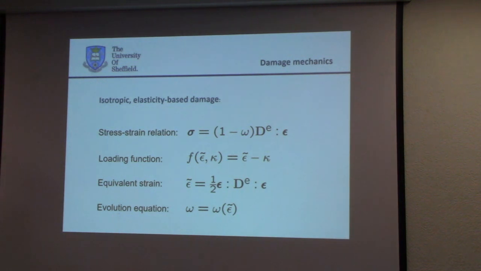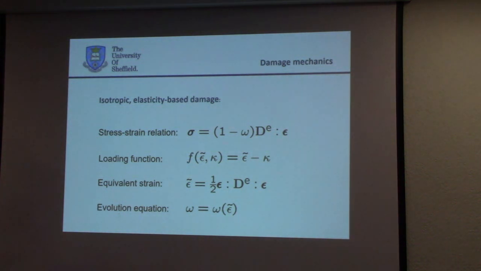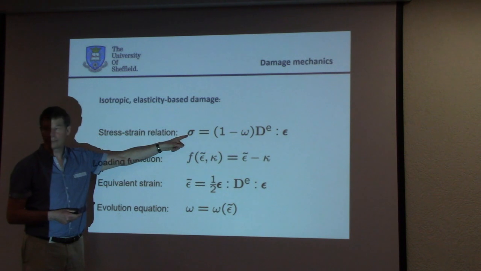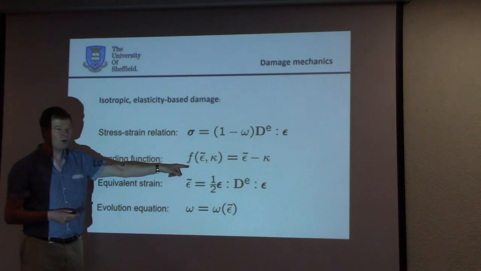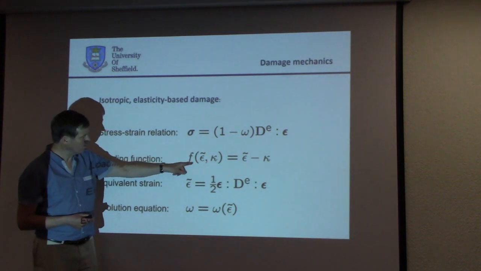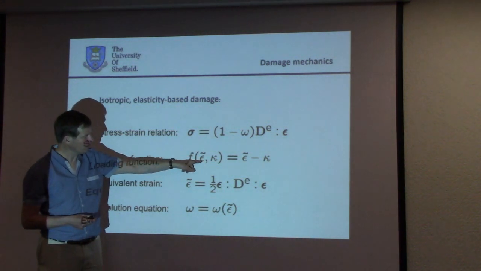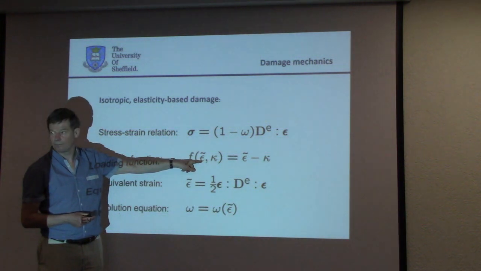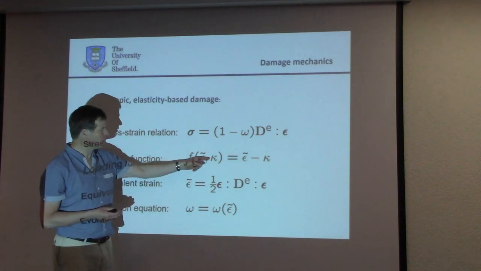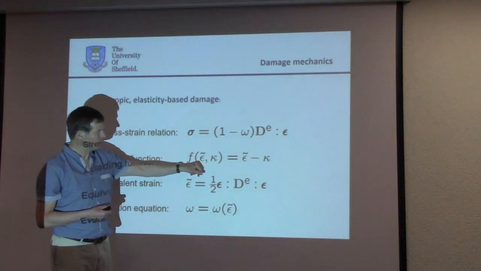But you cannot degrade it directly. You have to allow for this possibility of loading, unloading. So you have to supplement this stress-strain relation by a loading-unloading condition, where you make a loading function which is dependent on the current strain, some scalar function, depending on your material, and the history.